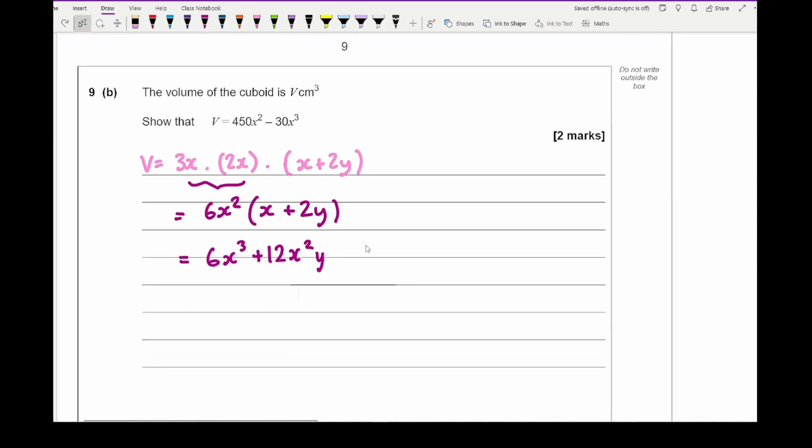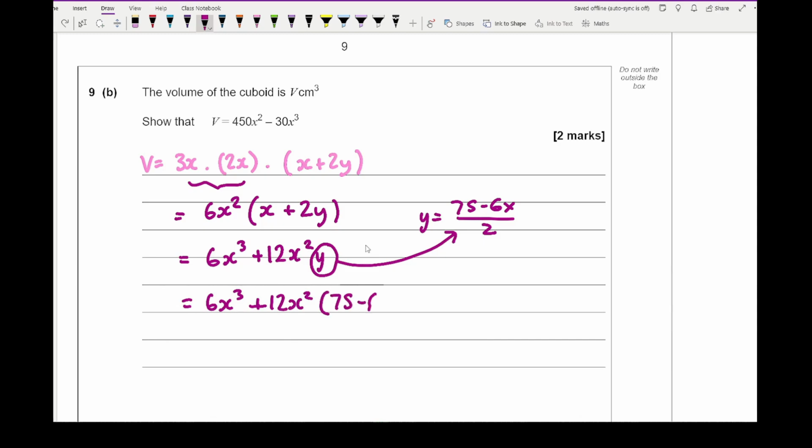So from this y, what we remember is that y equals 75 minus 6x over 2. So if I swap this for this, that becomes 6x cubed plus 12 lots of x squared, multiplied by 75 minus 6x over 2.